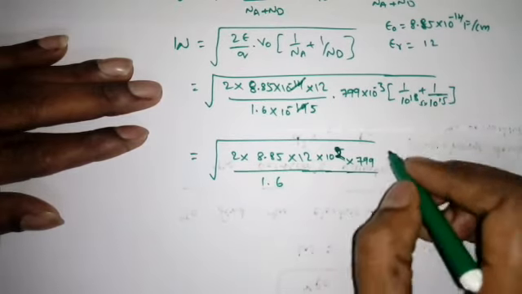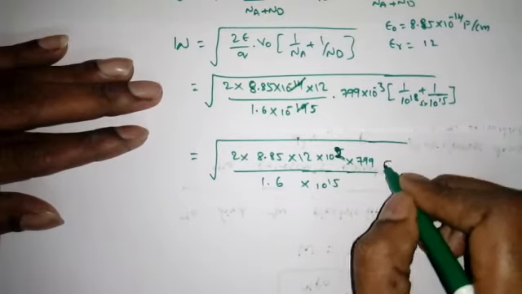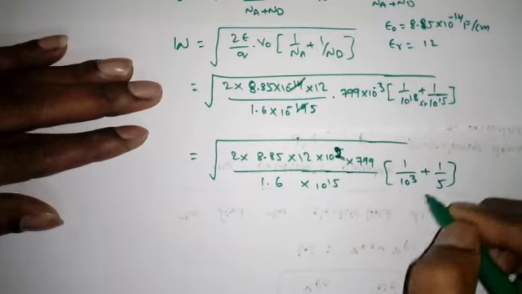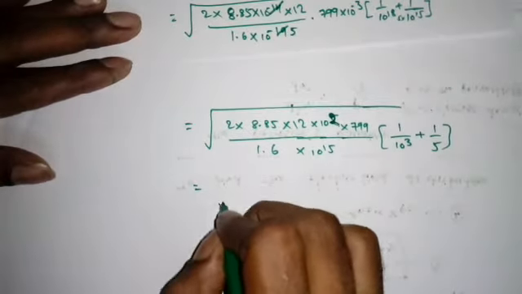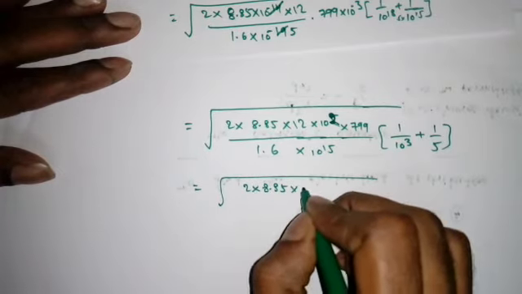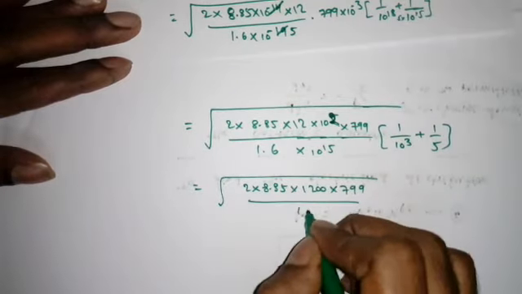And in the denominator, if I take 10 to the power 15 common, this will become 1 by 10 cube plus 1 by 5. So again this will become 2 into 8.85 into 1200 into 799 by 10 to the power 15.